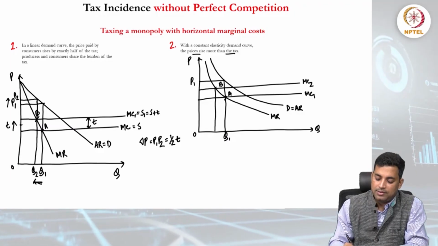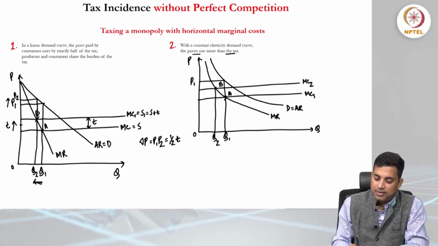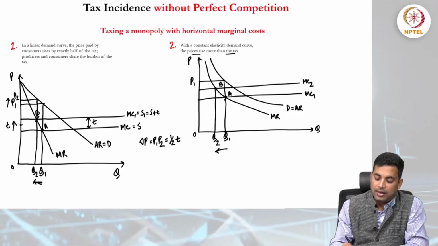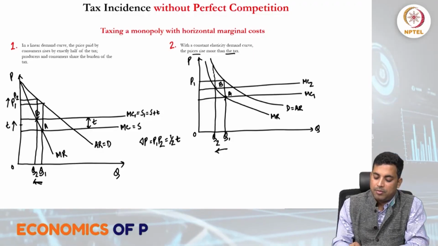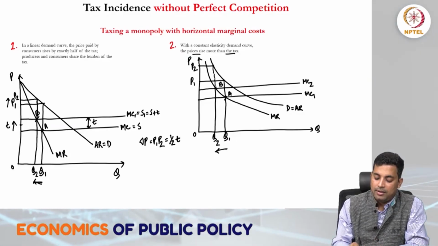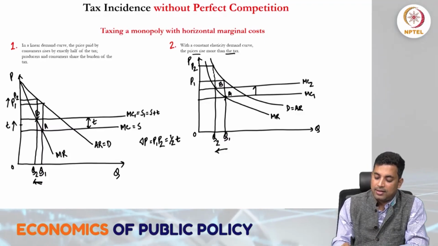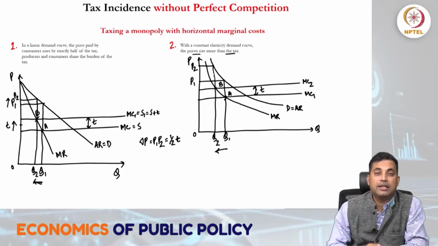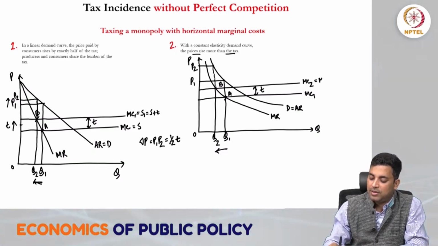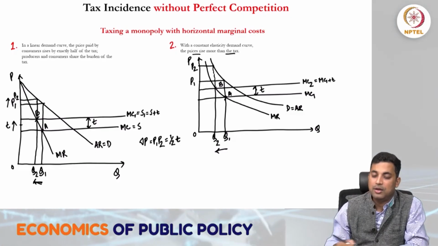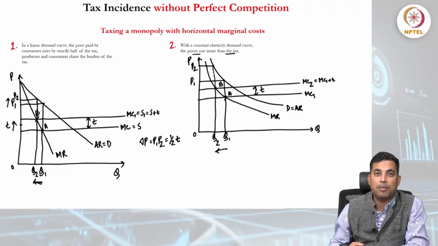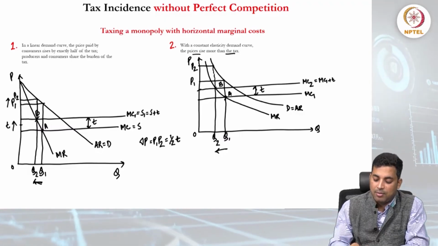Along with this, quantity is reduced because tax is imposed, and the new price is P2, and the amount of the tax is small t, the difference between MC1 and MC2. So MC2 is basically MC1 plus t. This difference between the two marginal cost curves is the amount of the tax.